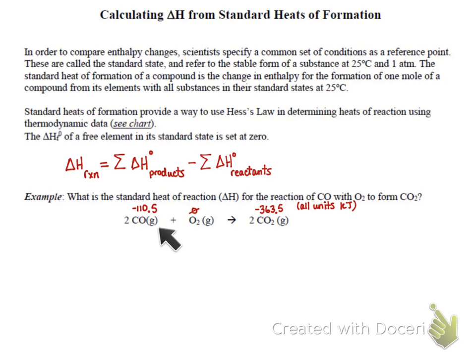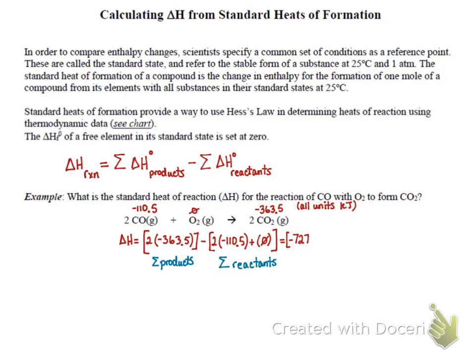So again, we're going to plug these numbers in, multiply by any coefficients, and it's going to be the sum of all the products minus the sum of all the reactants. So what we get for this equation is the products, CO2 minus 363.5. We have to multiply this by 2 because of the 2 in the balanced equation.